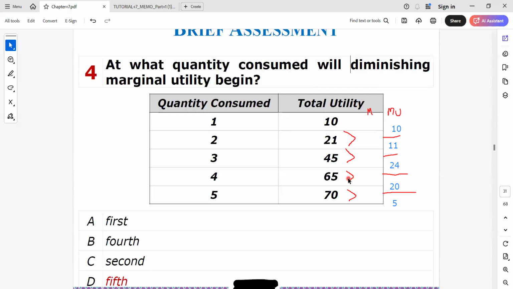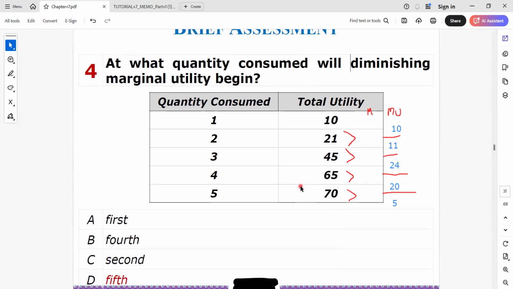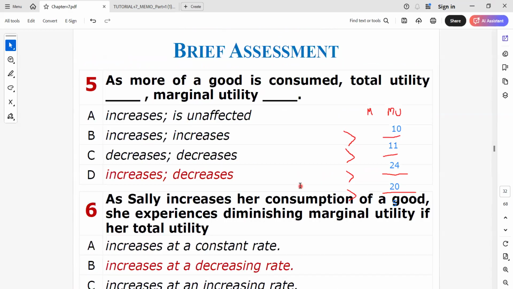So the additional satisfaction that you're getting is decreasing. And also here, when you're consuming your fifth, it's actually 5. I think this is 4. I think it's B, but they say it's D. Okay, let me just continue.